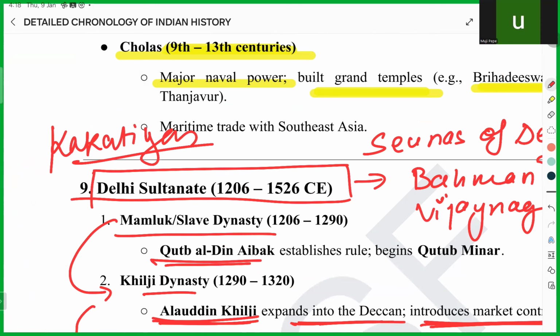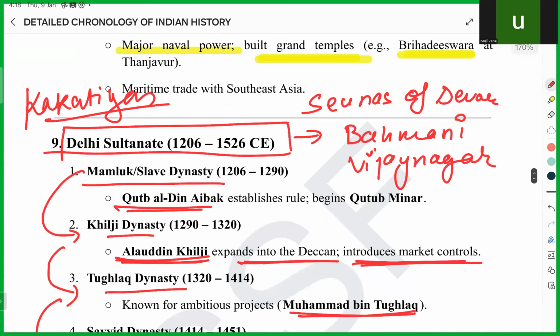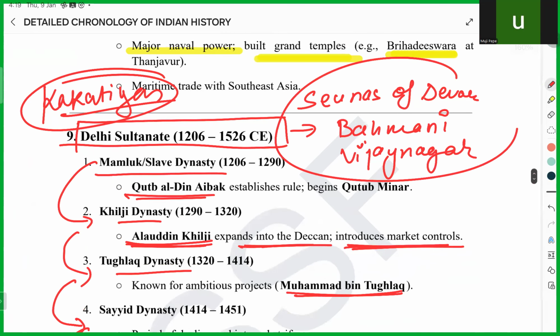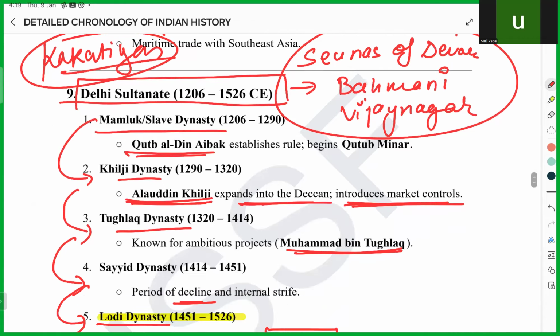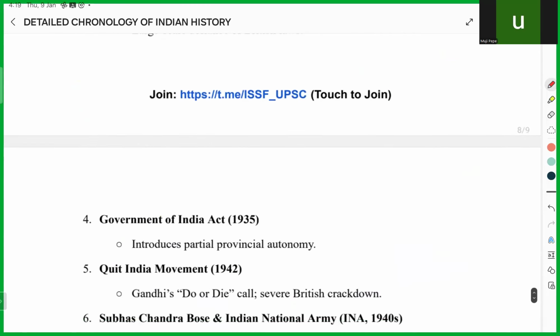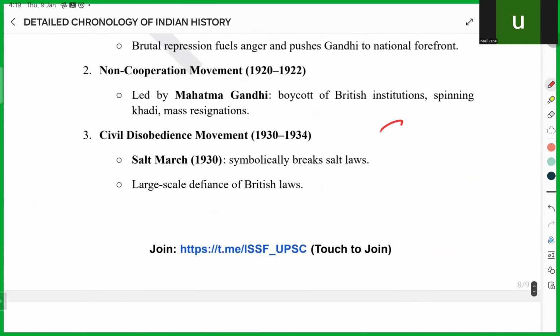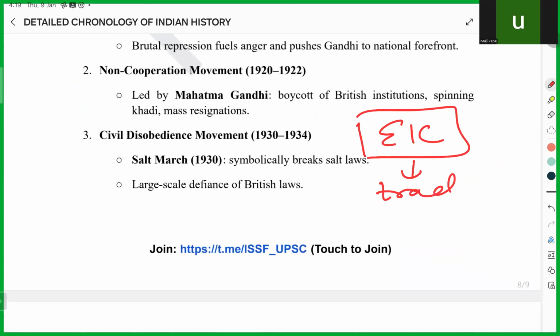Okay, I'll repeat it again. There is the question, what is the difference between EIC and British Crown? I hope you're asking this. It is clear to everyone that Delhi Sultanate, while it was ruling in the north, in the south there were many other kingdoms which were coming up. So here you understand that the EIC, East India Company, came here to trade. Yes or no? Did you understand this much?